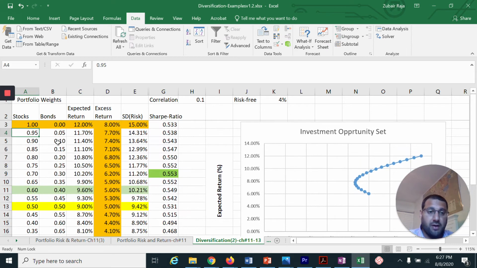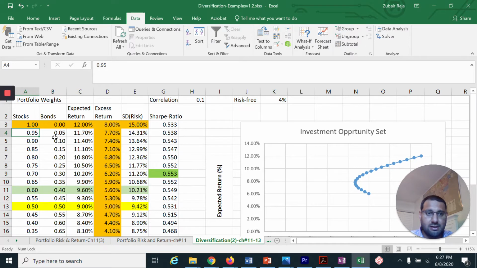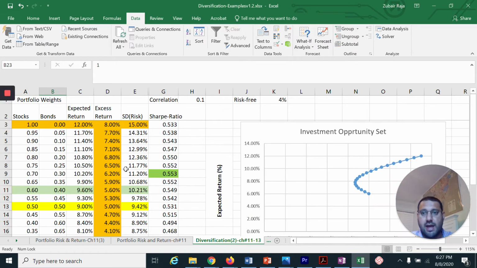Likewise, with the 5% difference, I considered all these different portfolio weights until there is nothing invested in the stock fund and everything is invested in the bond fund. And I calculated the expected return. You can see over here, it's the weighted average.